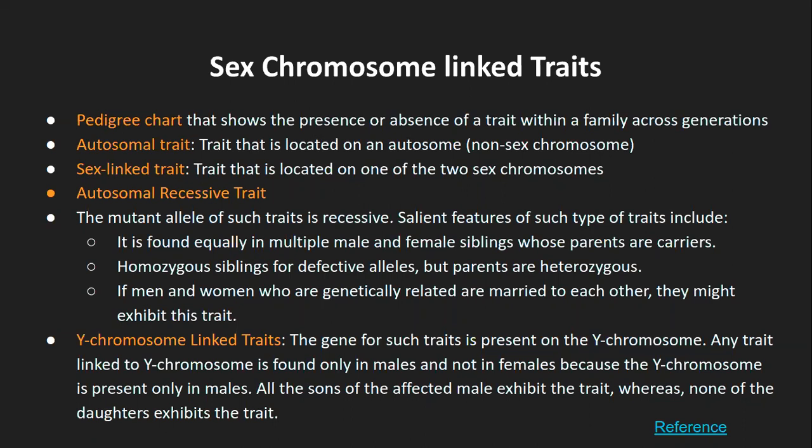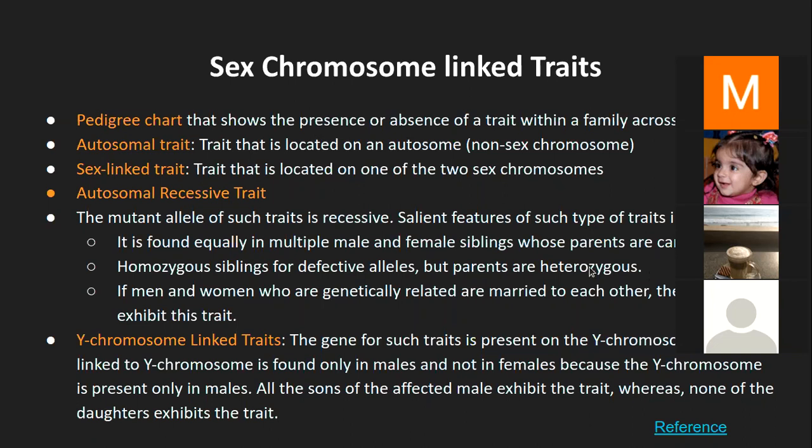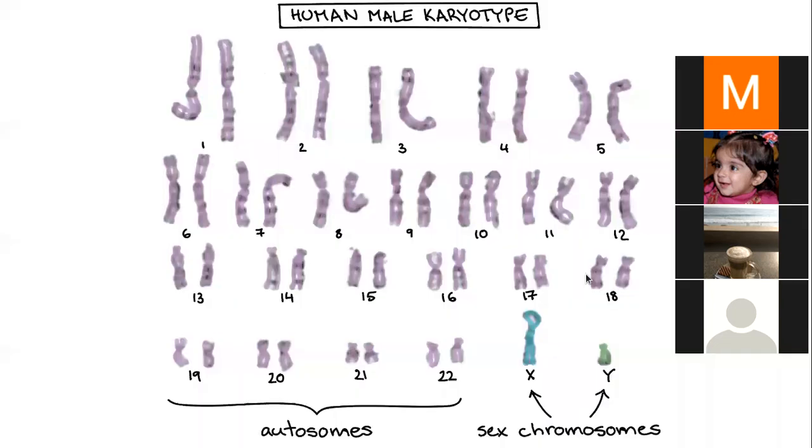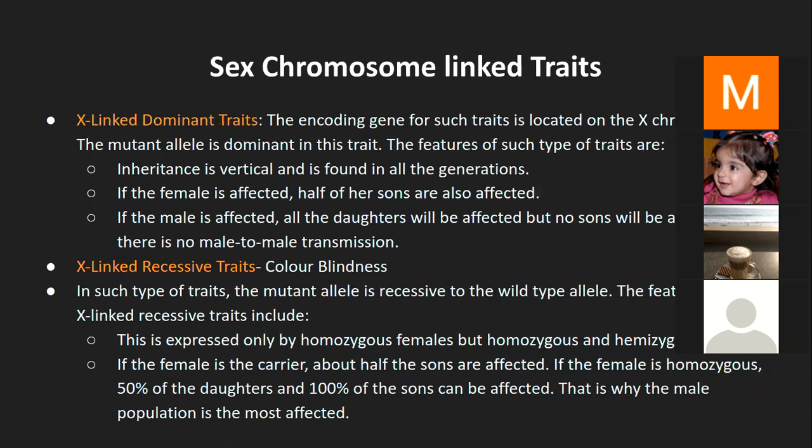So that Y chromosome, if it is associated with a certain trait, the male child is obviously going to have that particular trait, where none of the daughters will exhibit that trait, which is quite obvious because there is no Y chromosome in them. I hope this part is clear as well. People, if you have any question, please do stop and ask. Otherwise I'm just going forward with these topics.